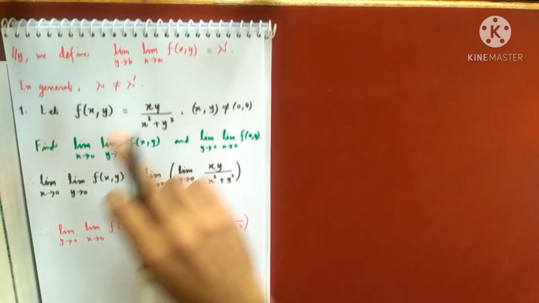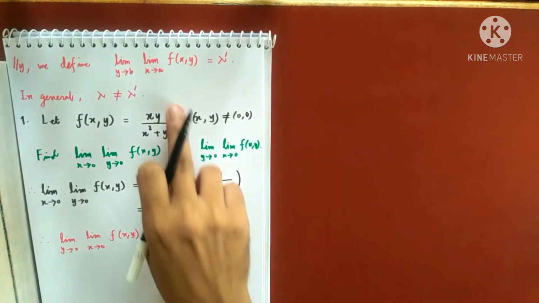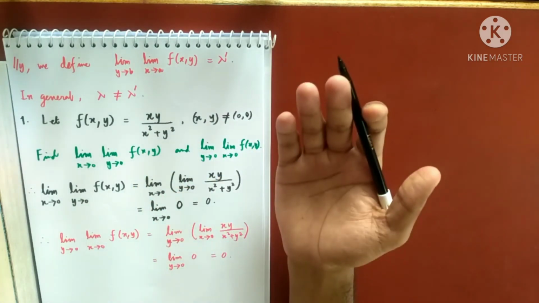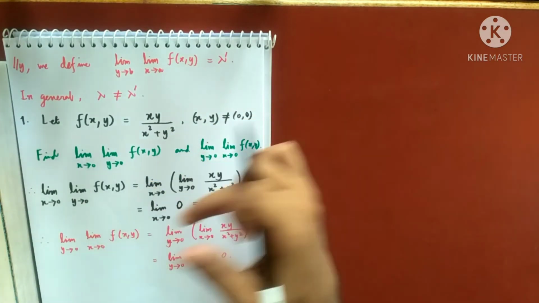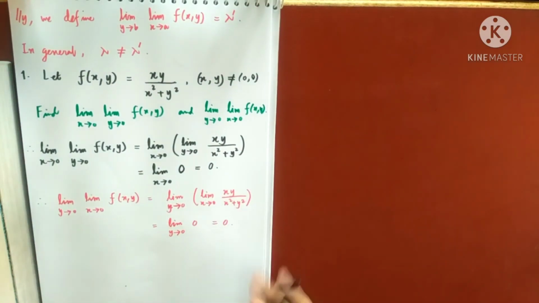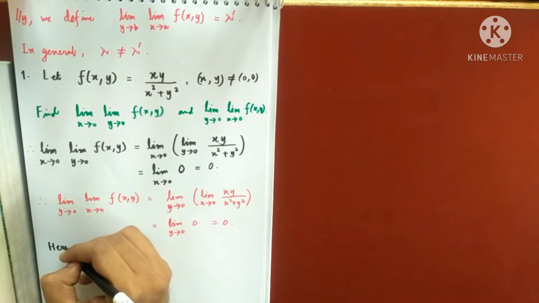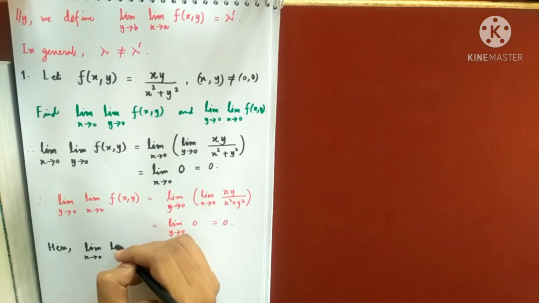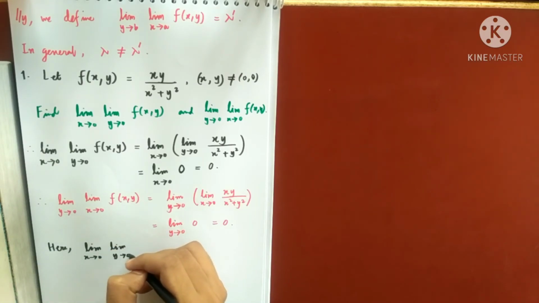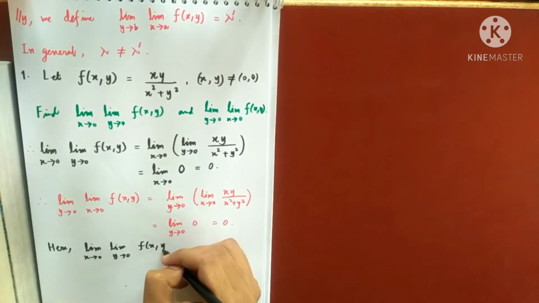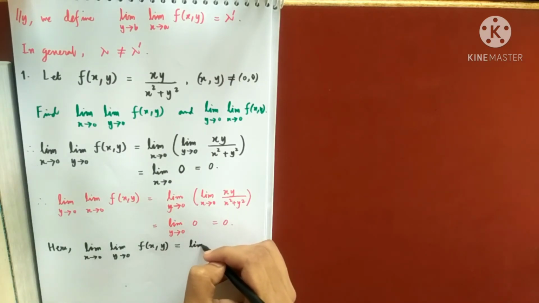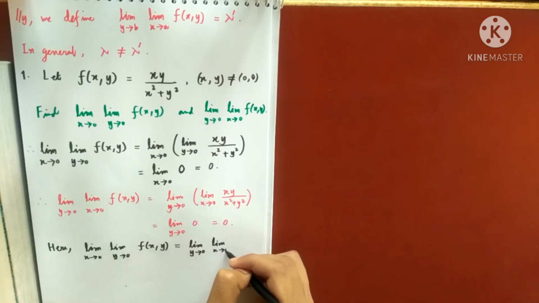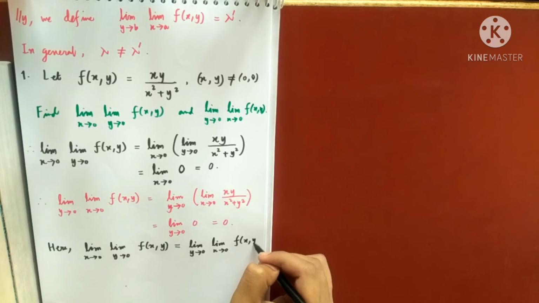You see, few minutes back I had done that this double limit x tends to 0, y tends to 0, does not exist, though the repeated limit exists. So what I'll write here, limit x tends to 0, limit y tends to 0, f of x comma y is same as limit y tends to 0, limit x tends to 0, f of x comma y.